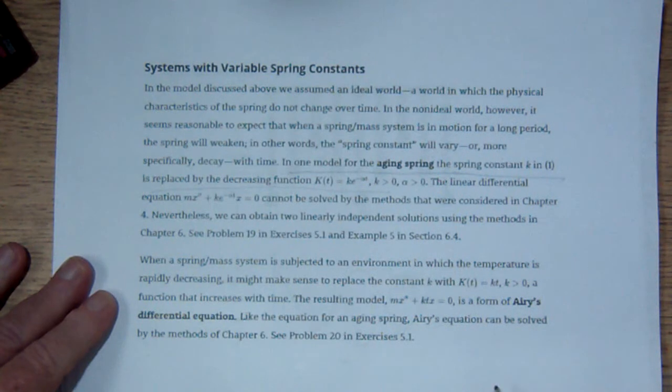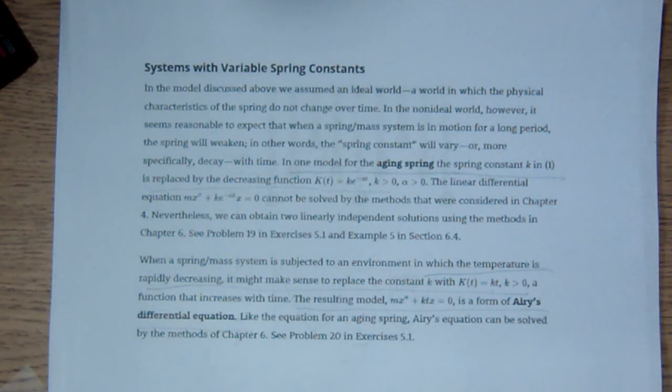Another thing that can happen is they can say that you're in an environment where the temperature is rapidly decreasing. That changes the way the spring behaves. Here we say it's kt, and if we put that into our equation, we get Airy's differential equation, which again we solved earlier. So I'm going to pause here on this first video, and that covers at least one of the examples we want to choose.